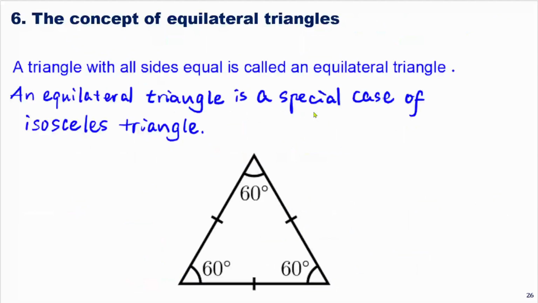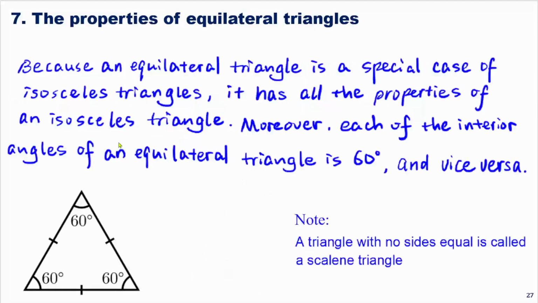So next, let's have a look at the concept of equilateral triangles. A triangle with all sides equal is called an equilateral triangle, and an equilateral triangle is a special case of isosceles triangle, right? Because it's also an isosceles triangle, which has 3 internal angles of 60 degrees. And because an equilateral triangle is a special case of isosceles triangle, it will have all the properties we have learned.